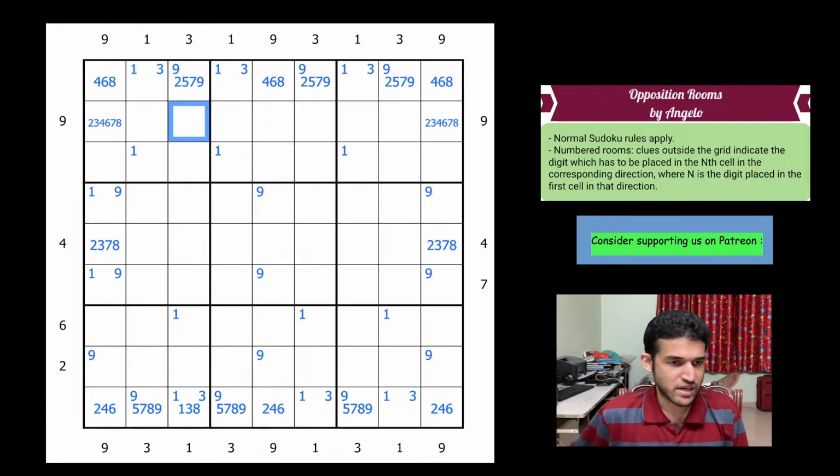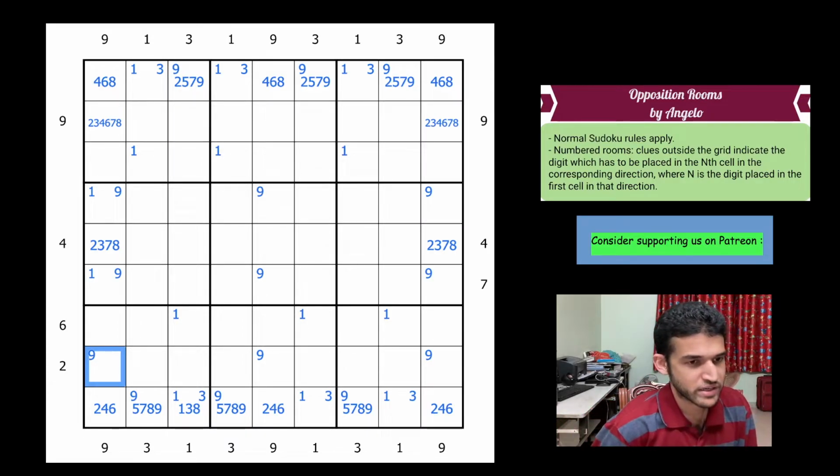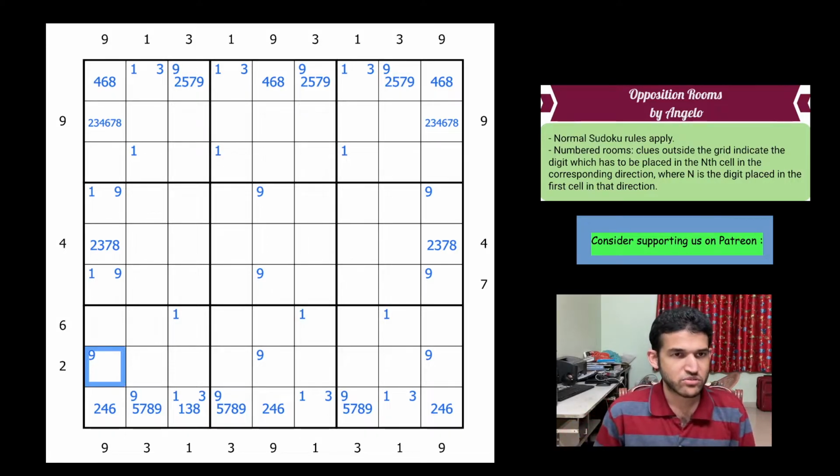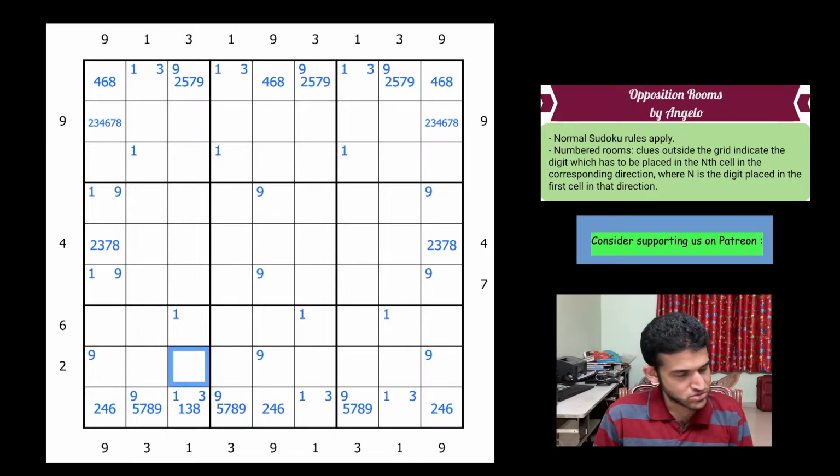I'm looking at this cell now. Cannot be 1, cannot be 2. It could be a 3, right? It could be a 3 that forces a 2 here.